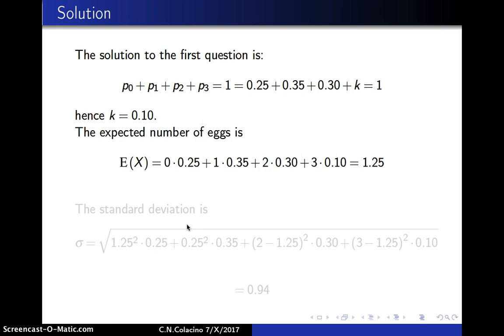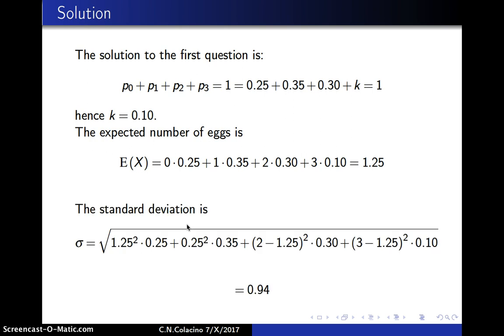The expected number of eggs is just the outcome times the probability. So 0 times 0.25, which is obviously 0, but I've written it for simplicity's sake, plus 1 times 0.35, plus 2 times 0.30, plus 3 times 0.10, and this gives 1.25.